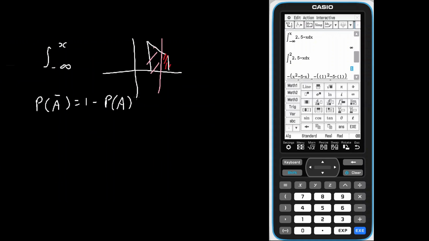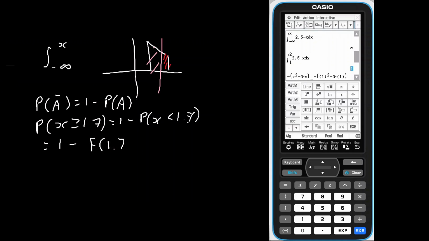So in our case, the probability of x being greater than or equal to 1.7 is like saying 1 minus the probability of x being less than 1.7. Okay, so now we can say that this is equal to 1 minus the big value of f at 1.7.